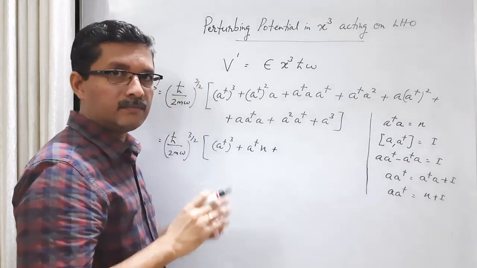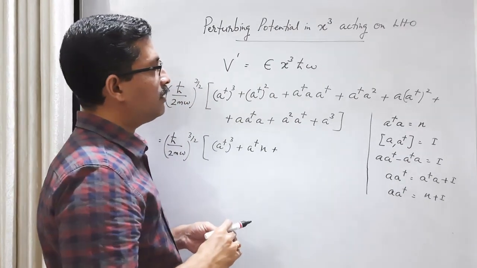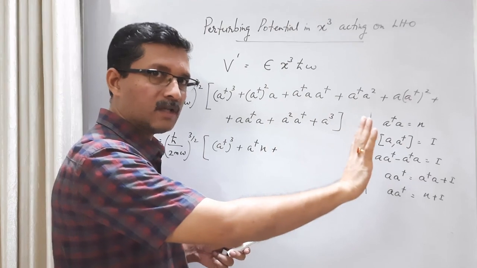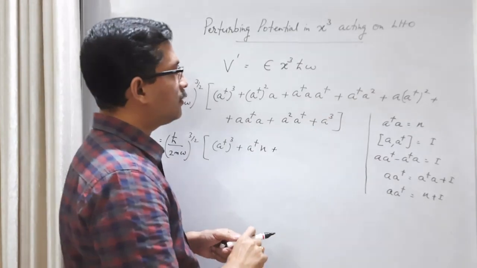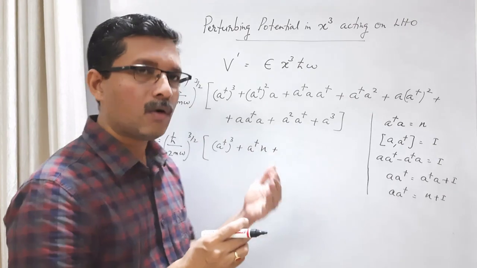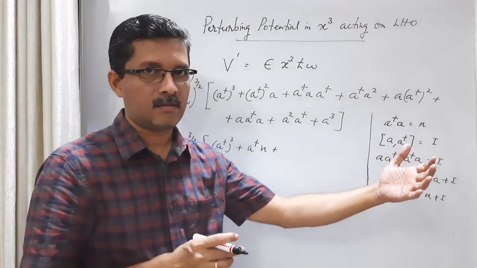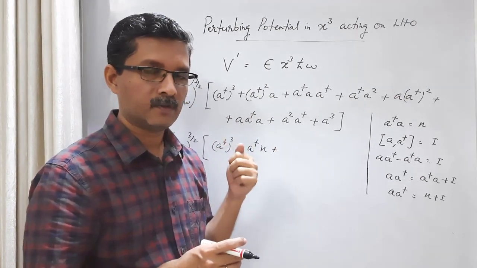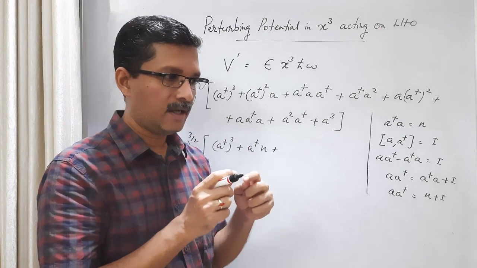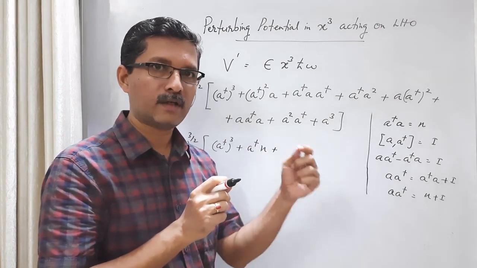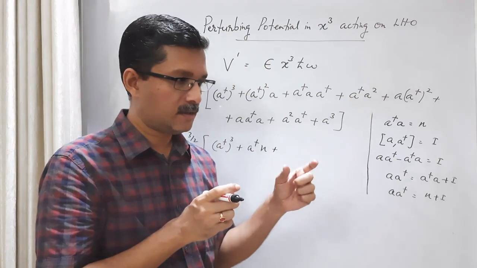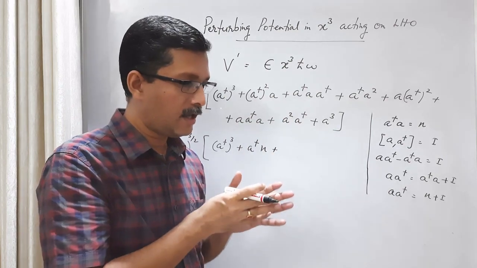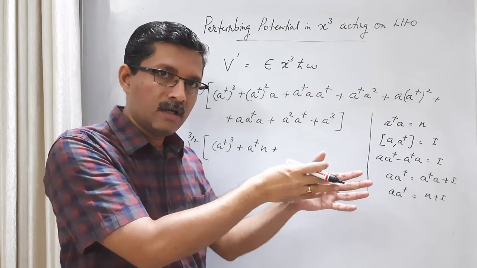Now my procedure is to maintain either the creation operator or the annihilation operator on the right end, because finally we want this a or a dagger acting on ket n. We want to solve that matrix element. So in order to calculate the second order correction energy, there is a term modulus square of bra n V prime ket n. When we write V prime in terms of a and a dagger, these a and a dagger are acting on ket n.